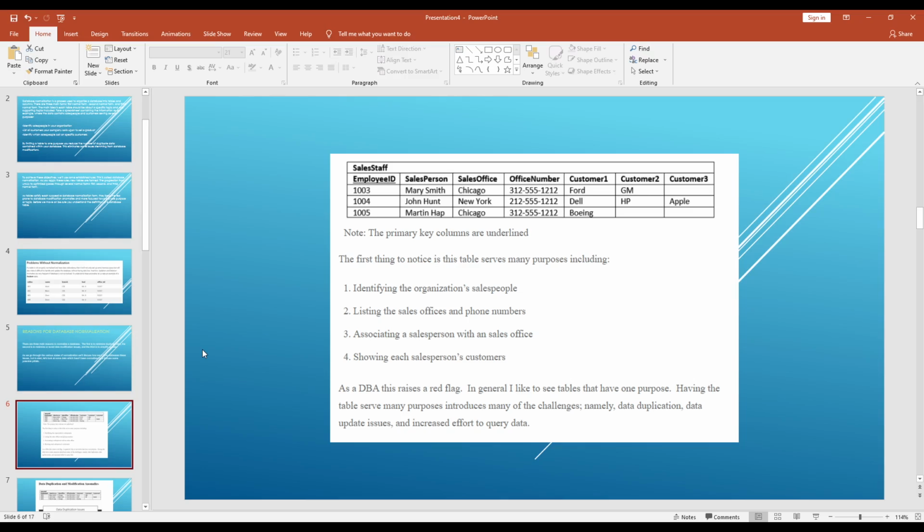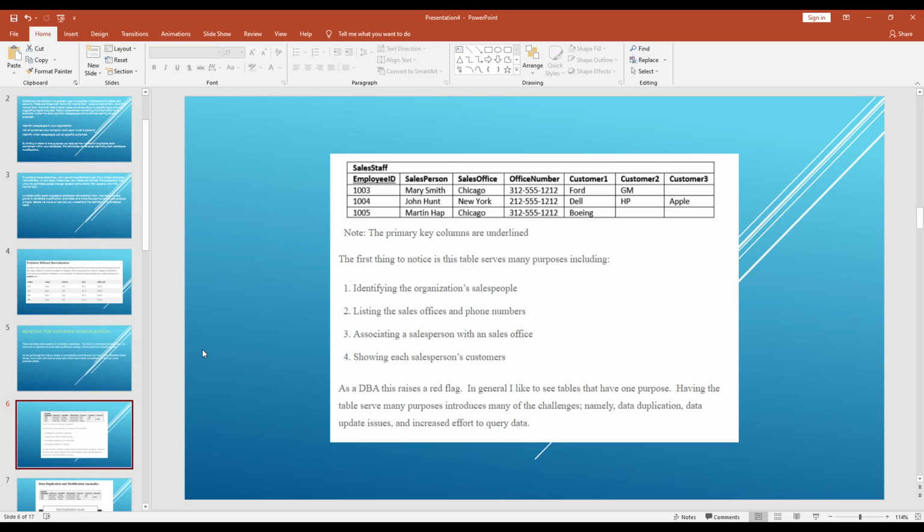The first thing to notice is this table services many purposes, including: 1. Identify the organization's salespeople. 2.